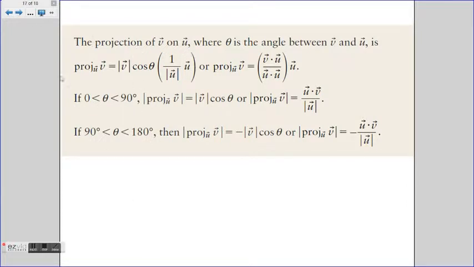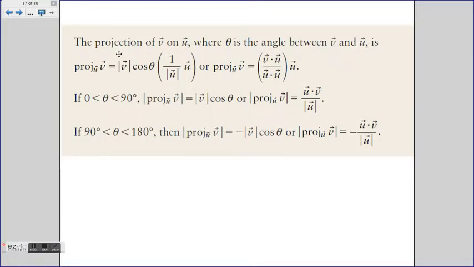This is the one that we derived, and for angles between 0 and 90, you can see this is what we had come up with here. For just the scalar, and then for angles between 90 and 180, it's just the negative of the scalar for the previous equation.